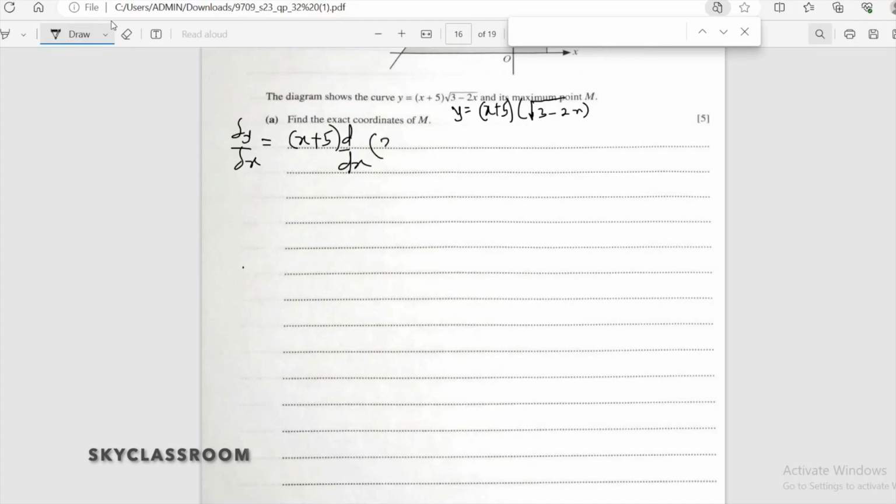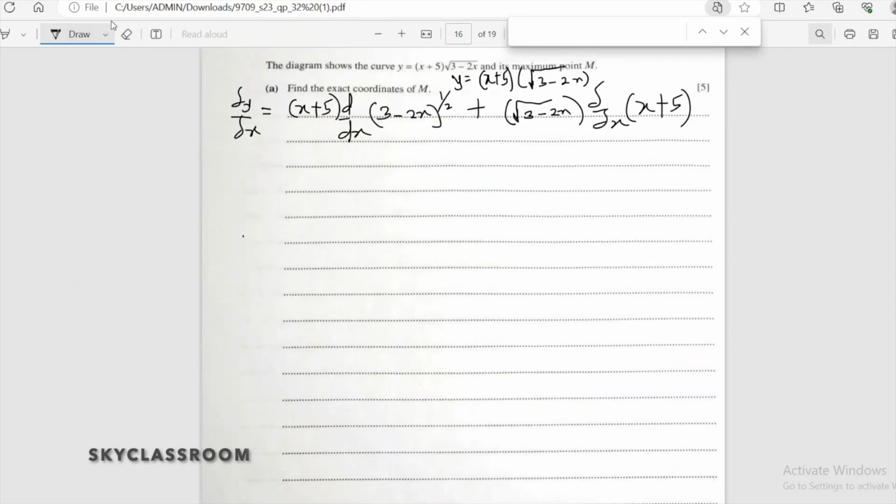The second function is square root of 3 minus 2x, plus, put down the second function, and differentiate the first function. That's product rule. So hence dy dx is equal to x plus 5.